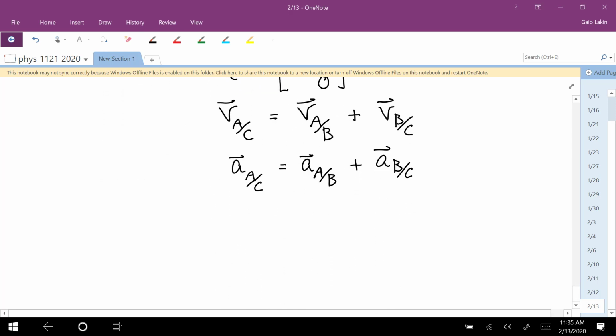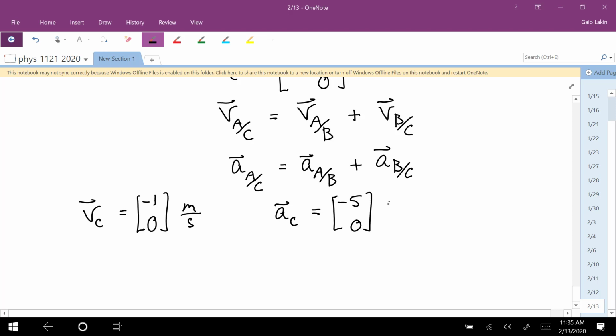And what we figured out so far is that VC is negative 10 meters per second, and AC is -50 meters per second squared. And then we used relative motion to calculate that the velocity at the top is -20. That velocity is always going to be twice the velocity of the center.